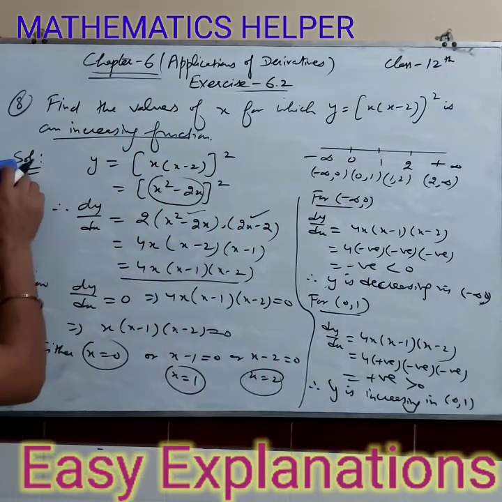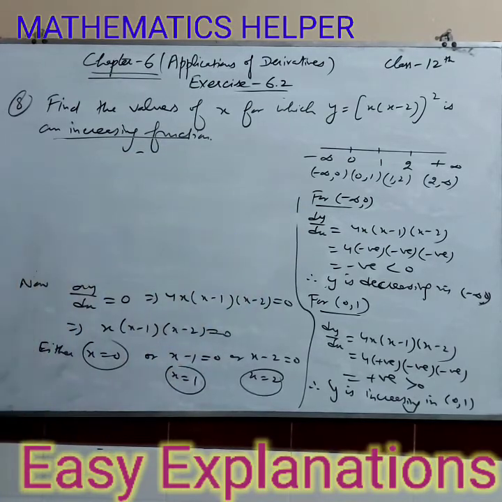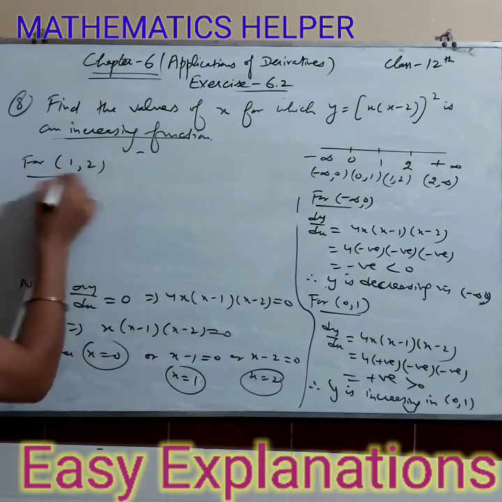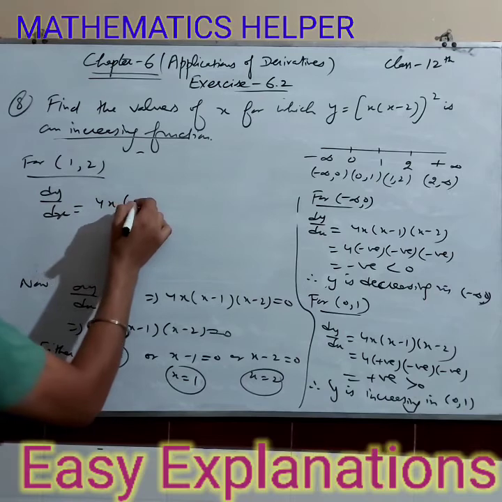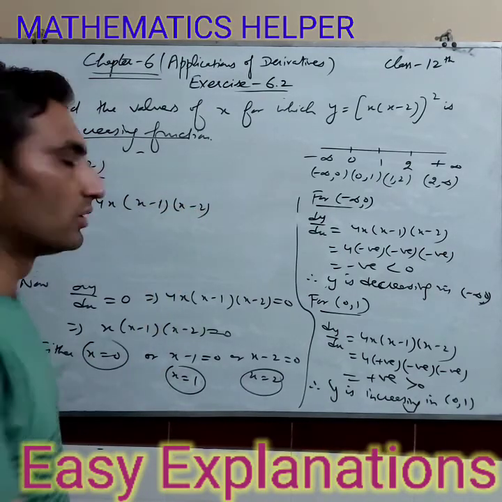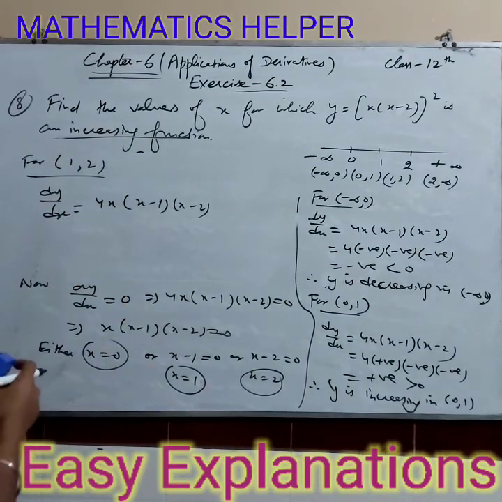Next we will calculate answer for our next disjoint interval, which is 1 to 2. So I am writing for 1 to 2, dy over dx. What is dy over dx? 4x into (x minus 1)(x minus 2), their product. So we have to think about a number between 1 and 2. Suppose it is 1.5.